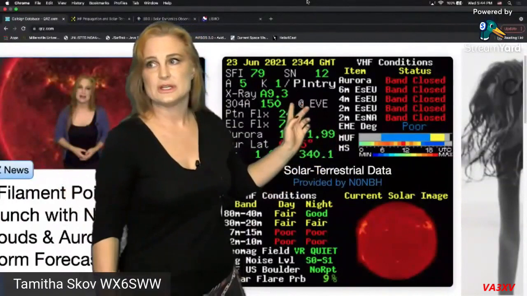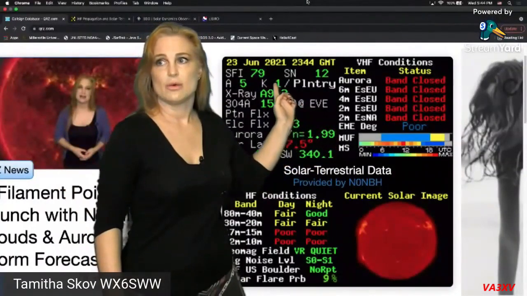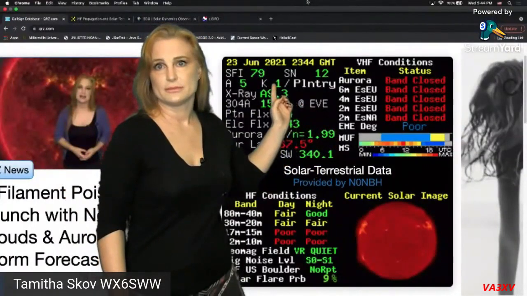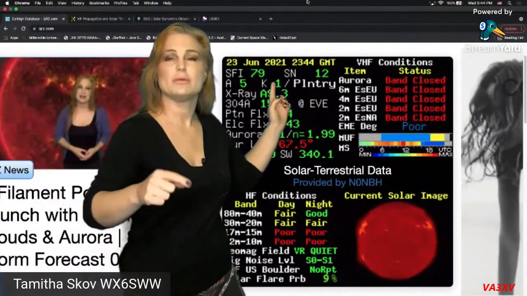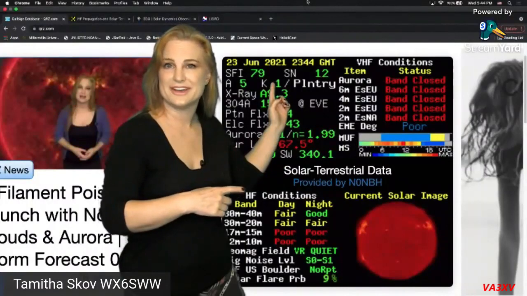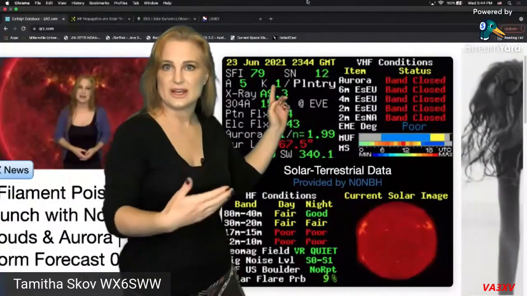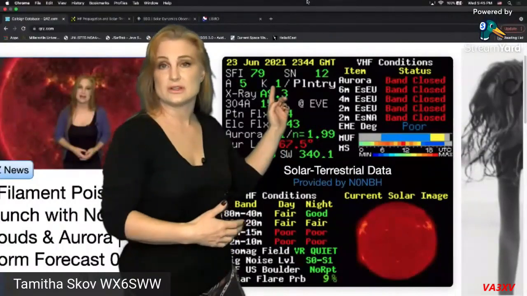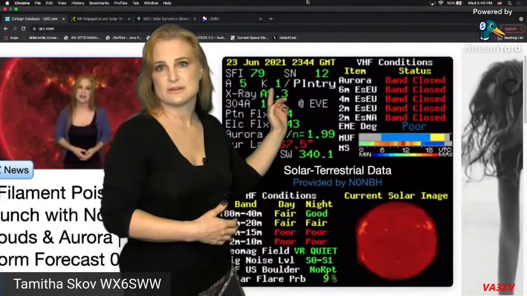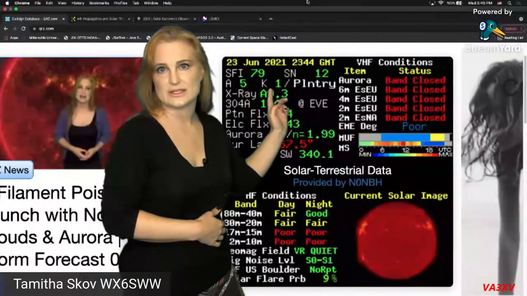So if you see this K go up to, let's say, 4, you could probably start having issues. Well, not start having issues. You've probably had issues for about 3 hours, because this is updated every 3 hours, and by the time you first notice it, you're already 3 hours into the disturbance. So K isn't necessarily my favorite index either.